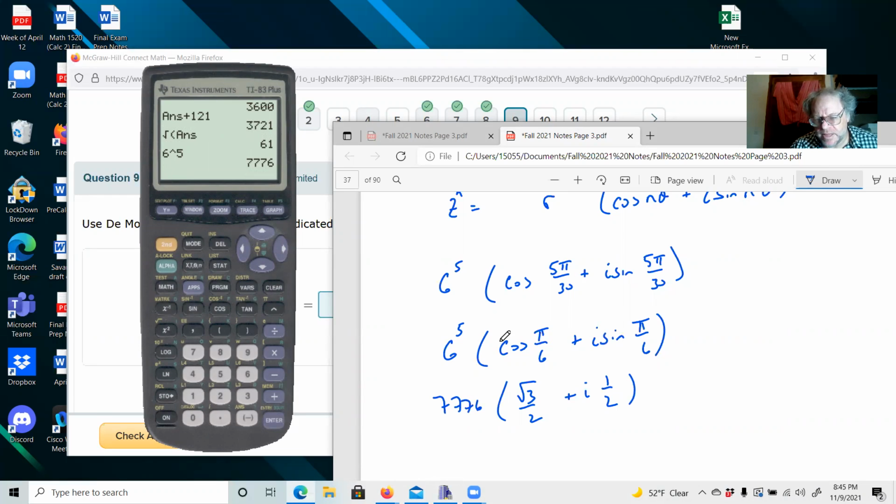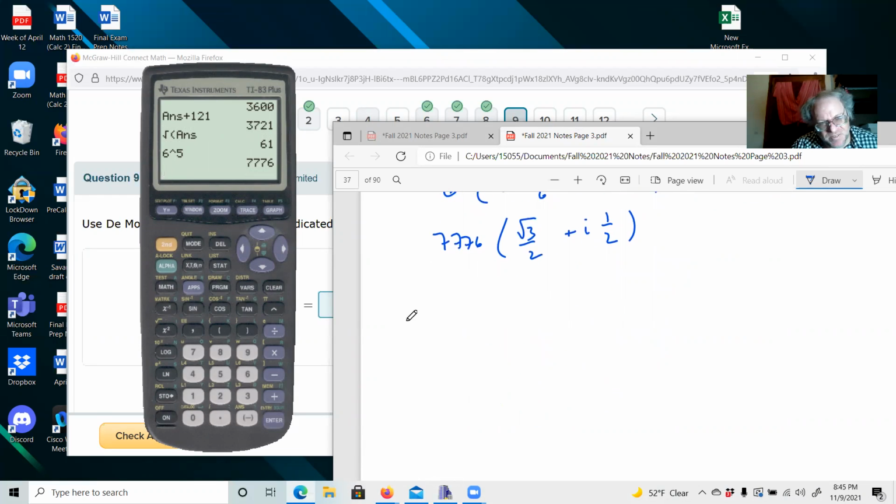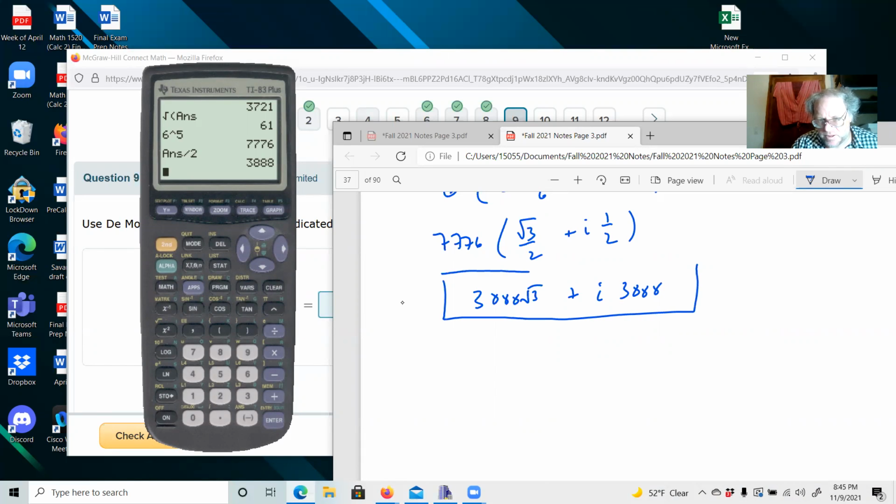Okay. Should we, I guess, divide this thing by 2? So we have 3888 root 3 plus i 3888. And that would be our answer for this problem, if you took the 5th power of this number.